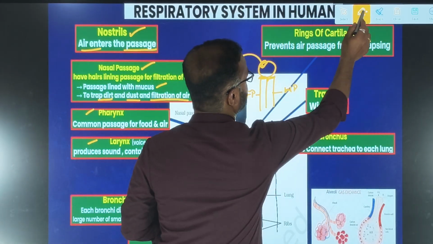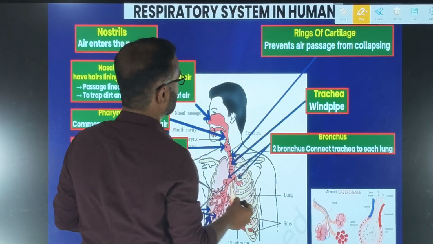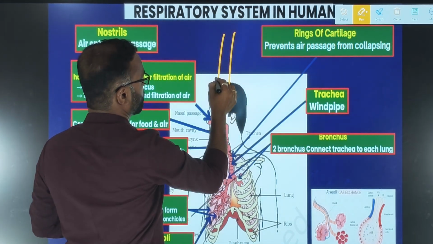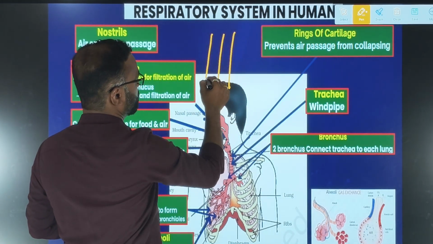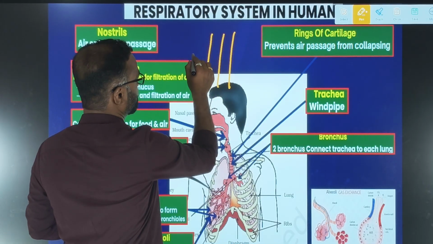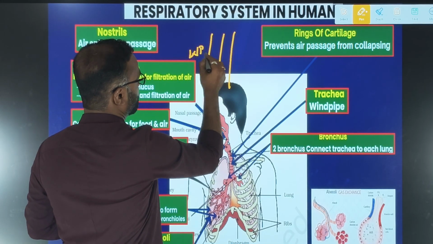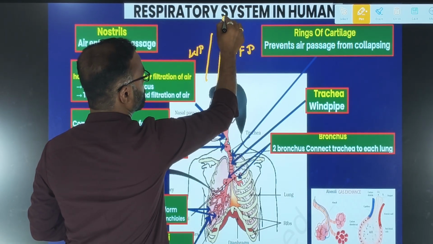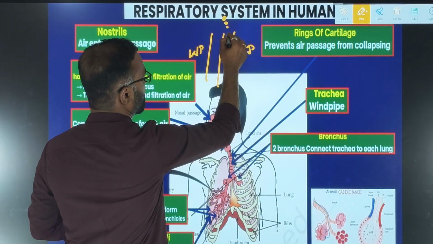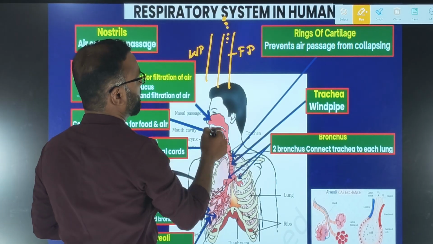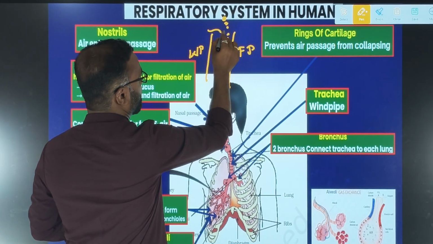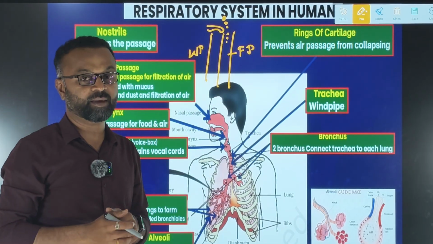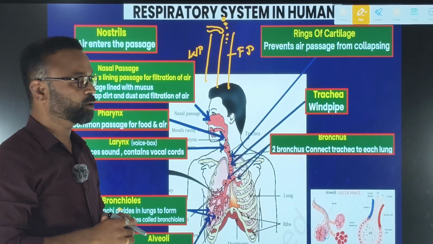Okay, let me just explain in a better way. No place for a diagram. Now see here, you consider this as the windpipe and this as the food pipe or esophagus. When you consume food, the food should go directly into where? The food pipe. At that time the windpipe will get closed by the thin flap membrane called the epiglottis.